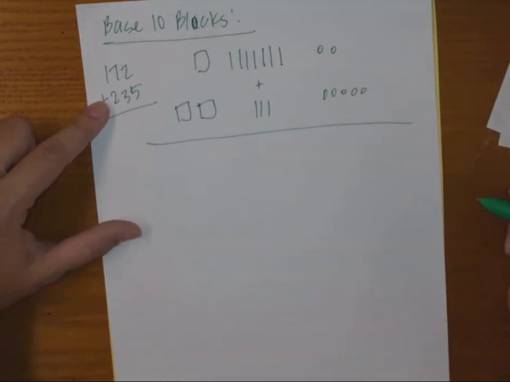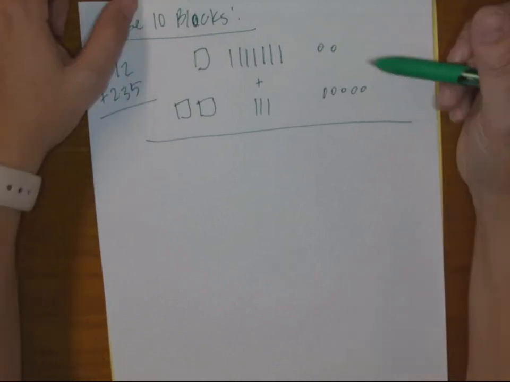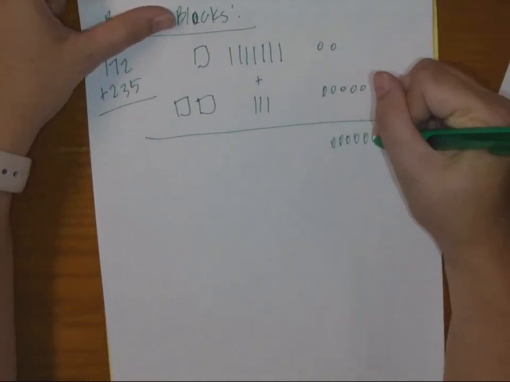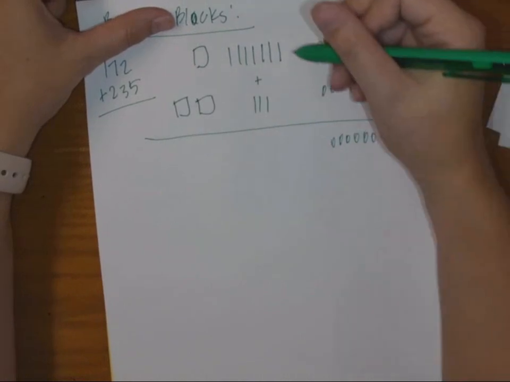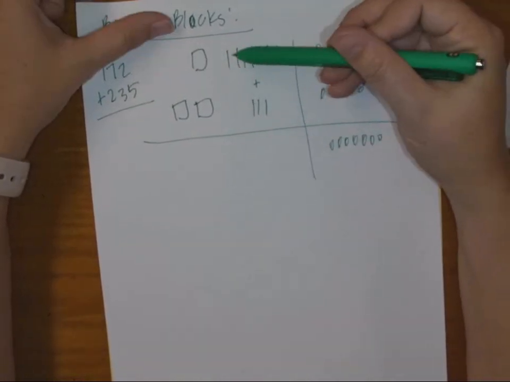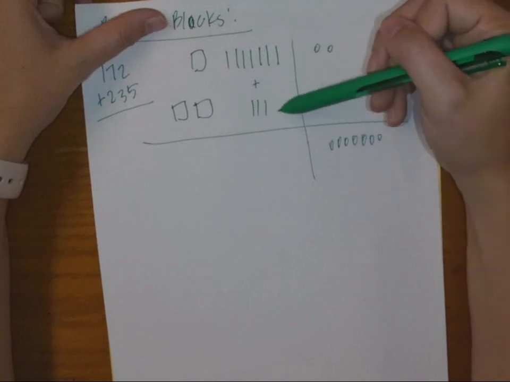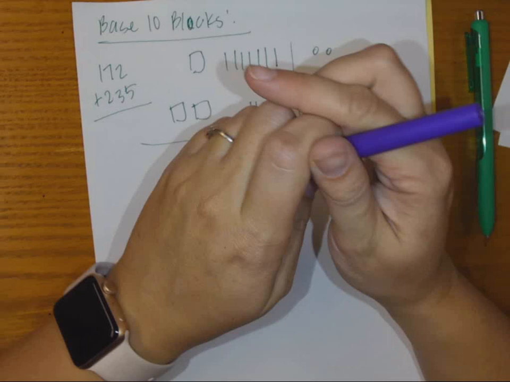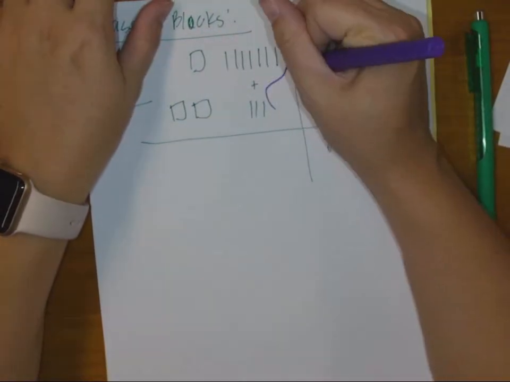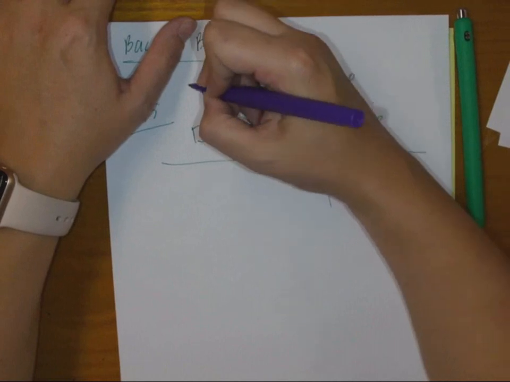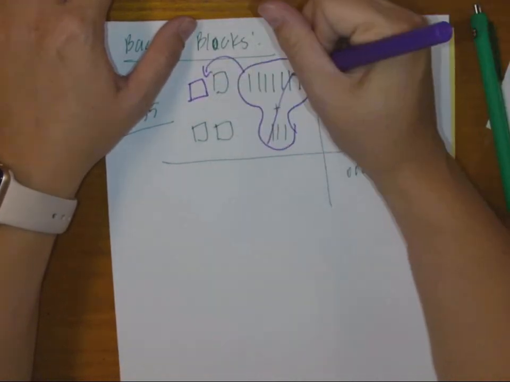So now when I go to put these together, add together your ones. 5 ones plus 2 ones makes 7 ones. 5, 6, 7 ones. 7 tens plus 3 tens makes 10 tens, but I wouldn't put 10 tens down here. I would regroup my tens because 10 longs makes 1 flat.